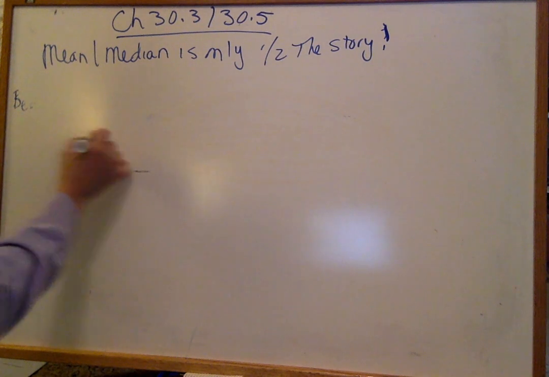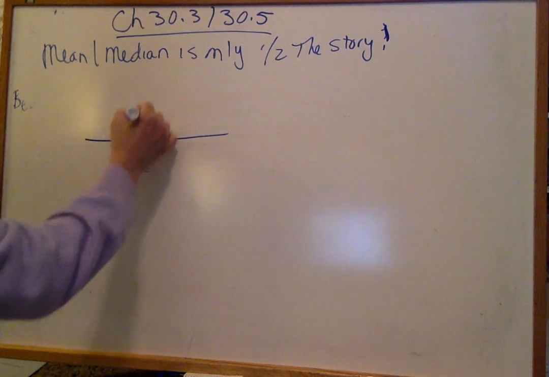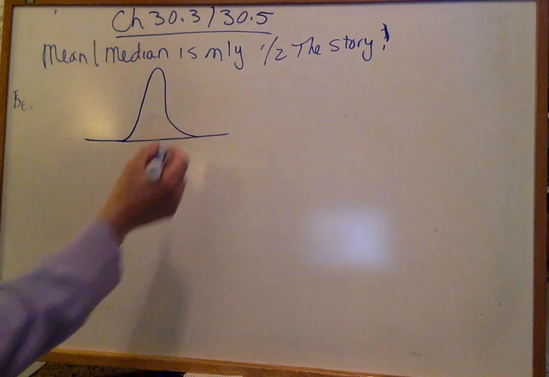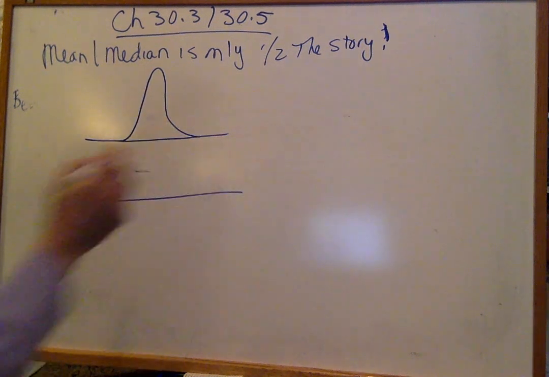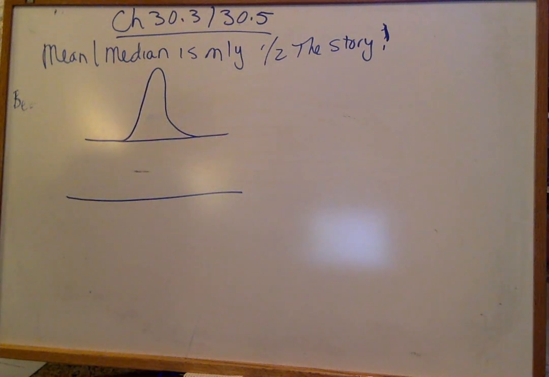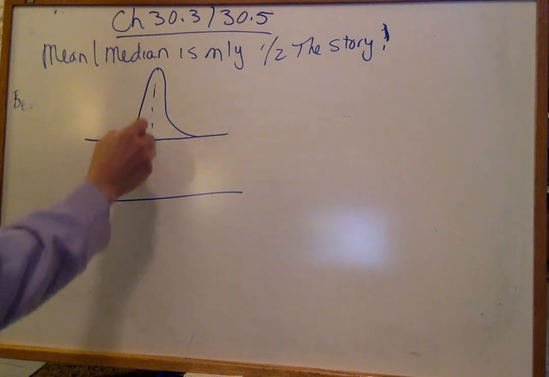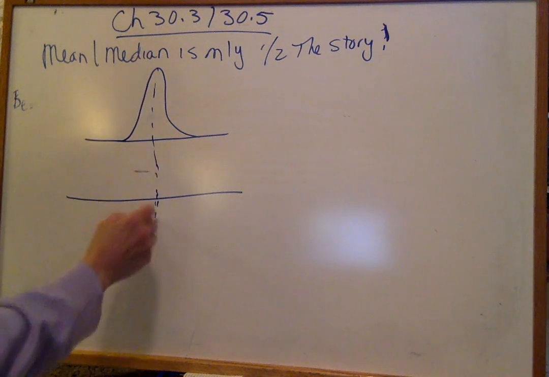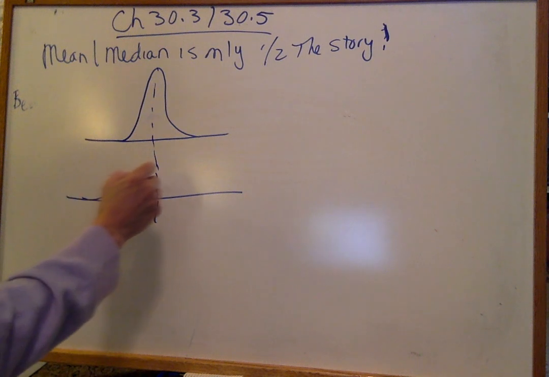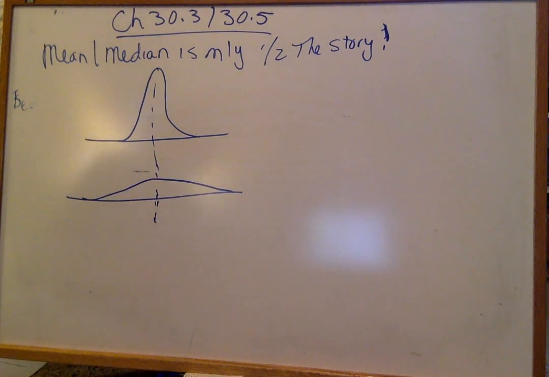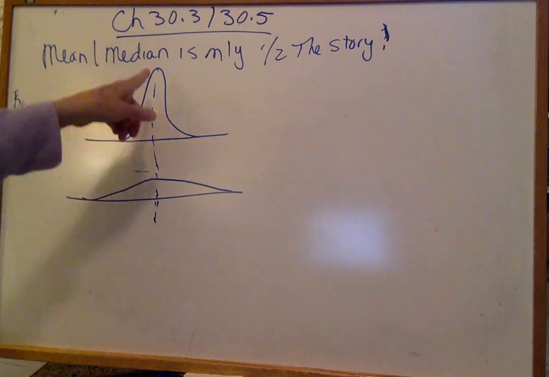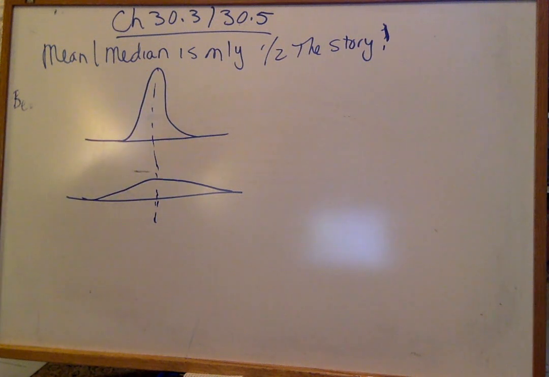Here's a little made-up example. Right now, I'm attempting to draw two unimodal and symmetrical distributions centered at the exact same mean or median. I made them unimodal and symmetric, so we don't have to worry about whether we should be using the mean or the median. So they both have the same center.